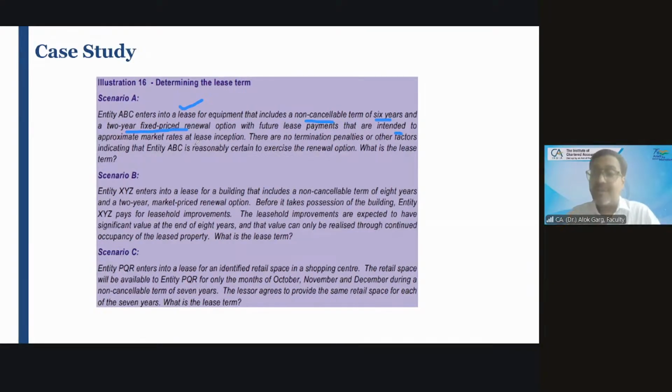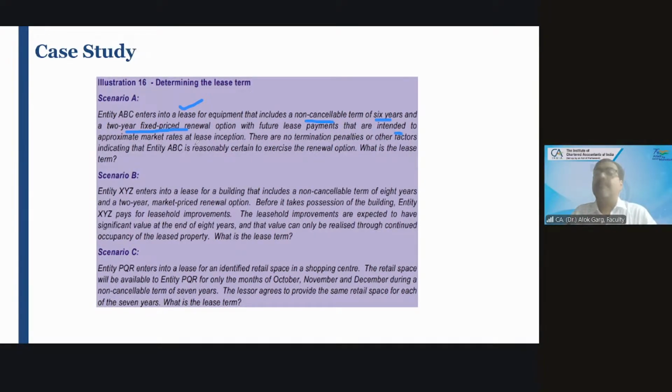It is written in the question that there is no reasonable certainty either. So will you include the optional renewal period? No, sir. You include the optional renewal period only when there is reasonable certainty to exercise the renewal option. Otherwise, no.